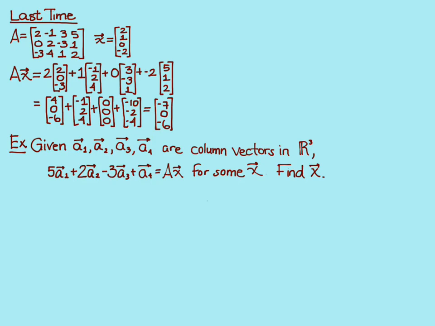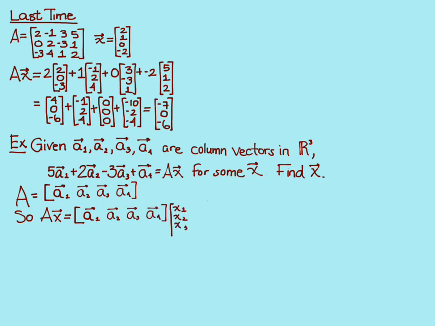So the way that we do this is using the same formula as we did above. We know that the matrix A is made up by those column vectors a1, a2, a3, and a4. So Ax is the matrix a1, a2, a3, a4 times the column vector x1, x2, x3, x4.